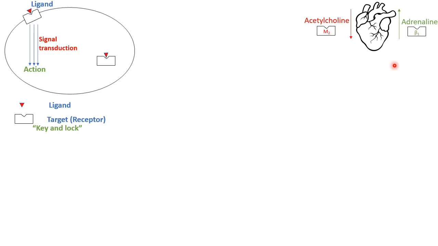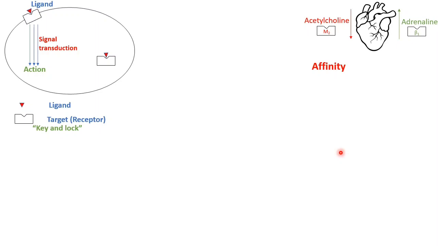Okay, so now we know that ligand binds to the receptor. Okay, and the property of ligand binding to certain receptor is called affinity. So if there is a ligand that can bind to certain receptor, we say that this ligand has an affinity. And now we discussed two types of ligands.